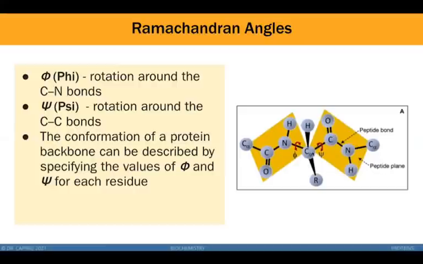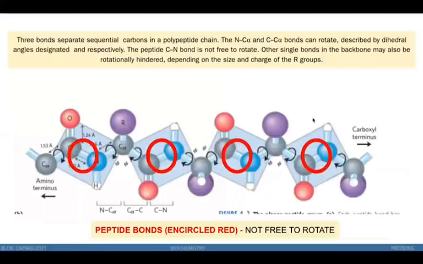Again, the nitrogen to alpha carbon is what we call phi, while the alpha carbon to the carbonyl carbon is what we call psi. So the conformation of a protein backbone can be described by specifying values of the phi and psi for each residue, but we will not deal with determining the values of the Ramachandran angles.